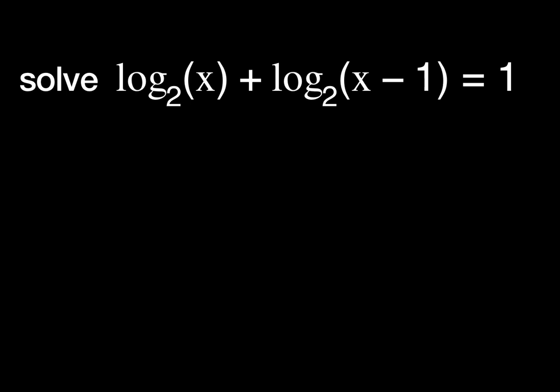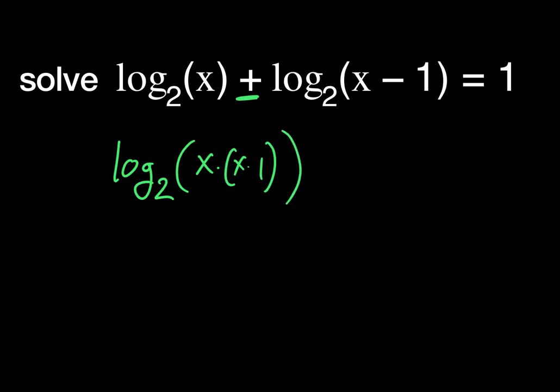But for this one, I have same base logarithms and I'm adding. And as long as all my logs are on the same side, which is what I want, they can combine: log base 2. And when they're adding, that's multiplying. So that's x times x plus 1. This will equal 1.